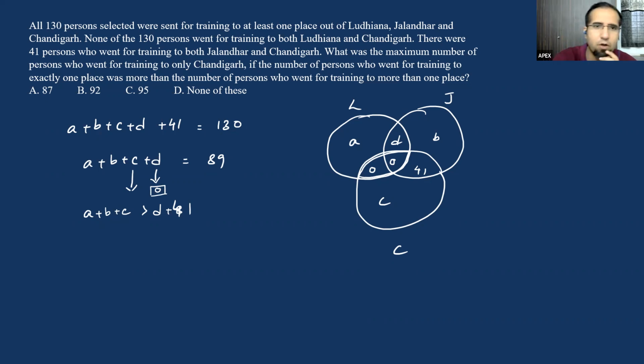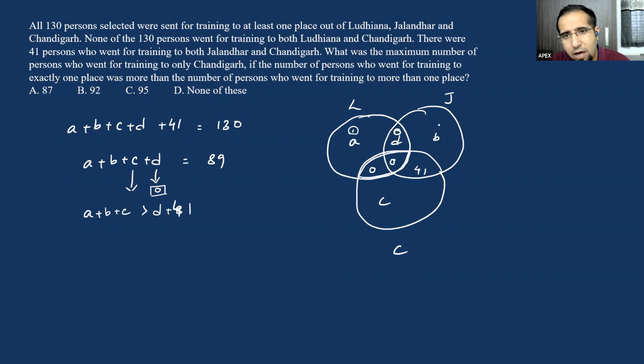If I'm taking the value of D as 0, then please understand, I need to take the value of A equal to 1, else nobody will be going to Ludhiana at all.